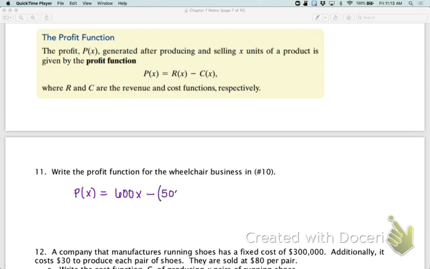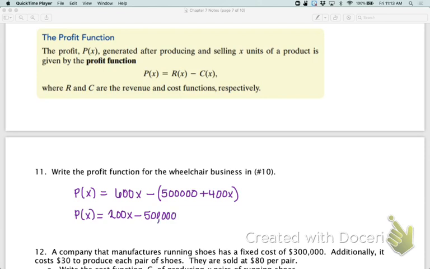It's going to be 500,000 plus 400x. And we can combine that down, and that gives us a profit function, P of X, which is 200x minus 500,000. We distribute that negative there. Don't forget that. So that is our profit function.